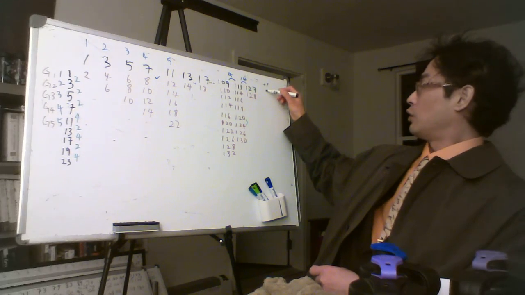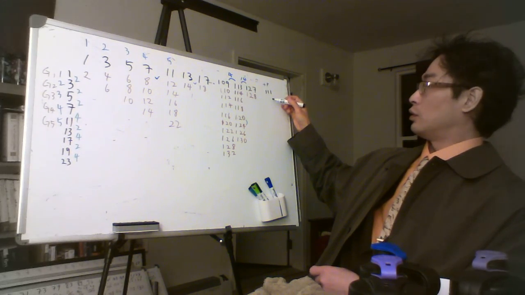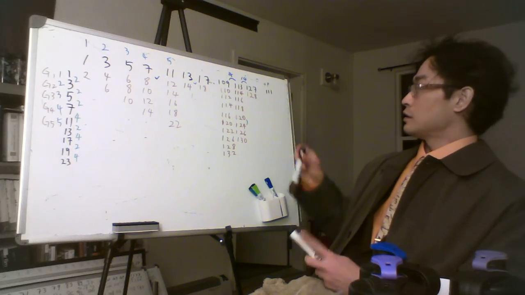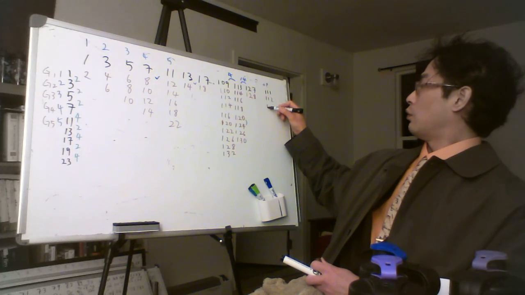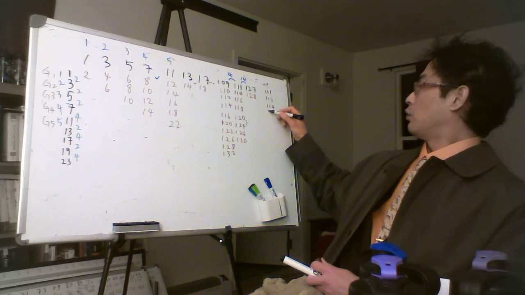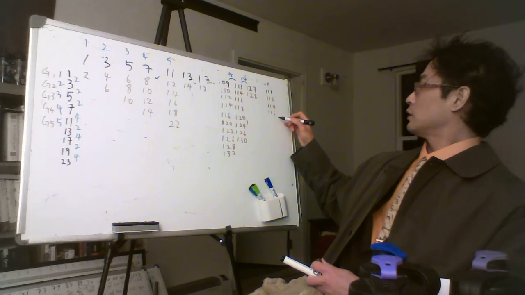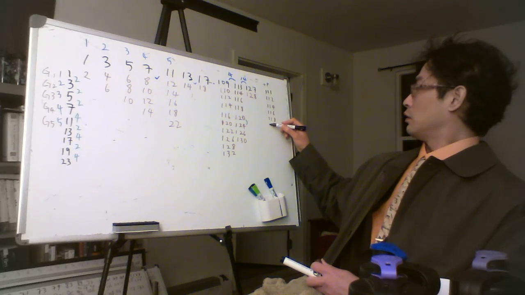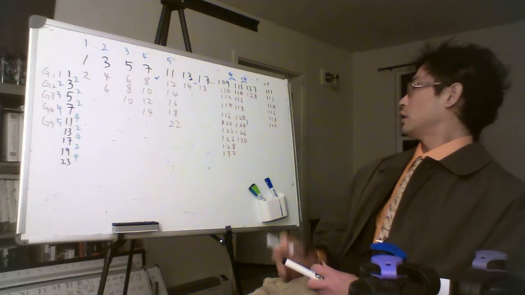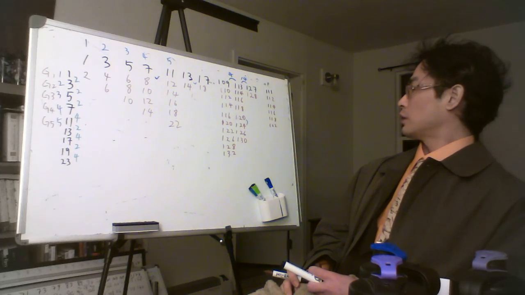We have 111, so then the Goldbach numbers would be 112, 114, 116, 118. So 2, 2, 2, 4. And 122 can be found in there too.